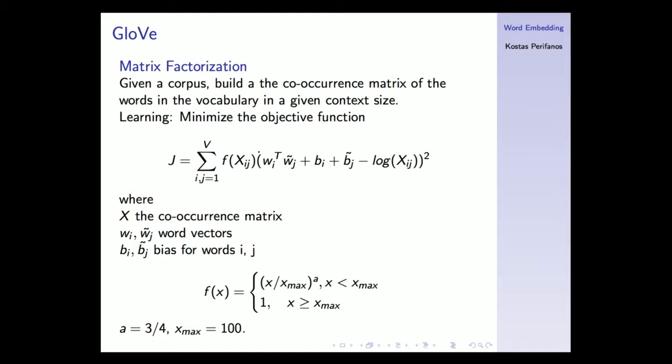So we're dividing x by x max, raised to the power of a, where typically a is 3 over 4, and x max is something like 100. These are the heuristics that came out of the team that built GloVe, and they work pretty well.